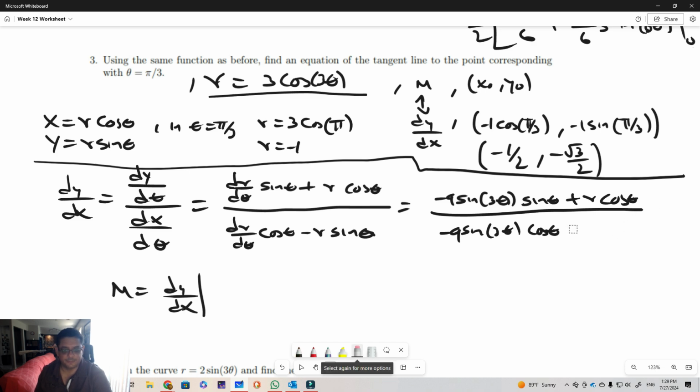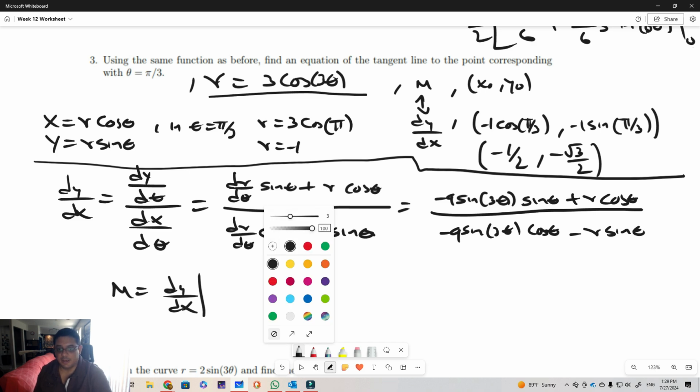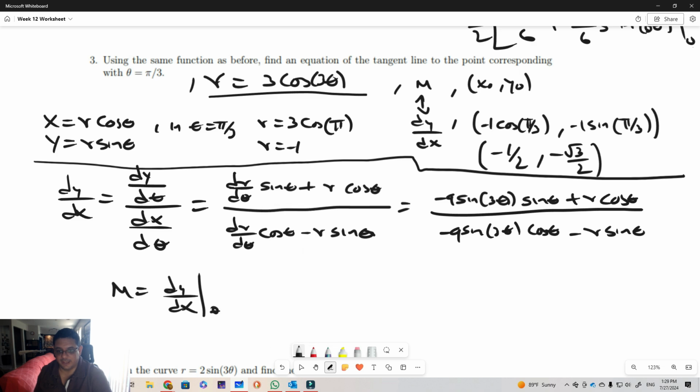Minus, minus. And now I get to see what this is once that theta is equal to pi over 3. So I just need to plug in every single one of this. So this is minus 9 sine of pi over 3, which is just going to give me a pi here.